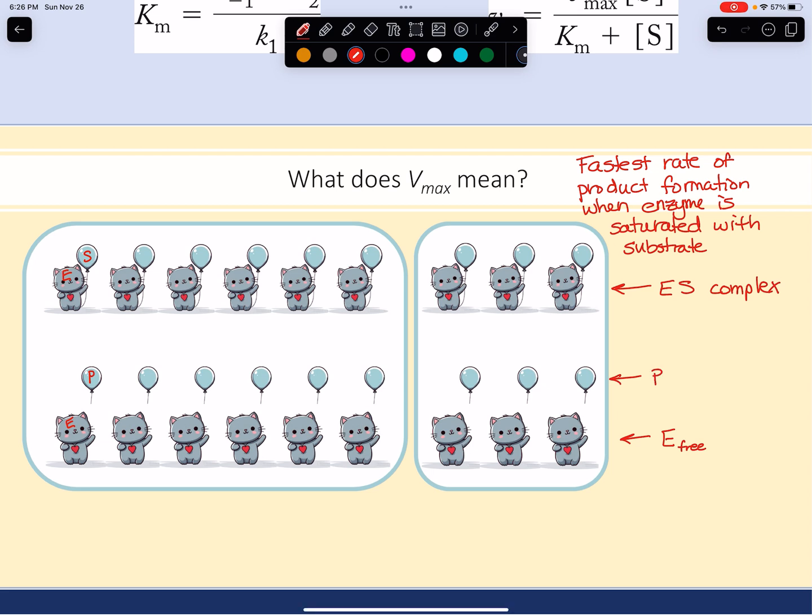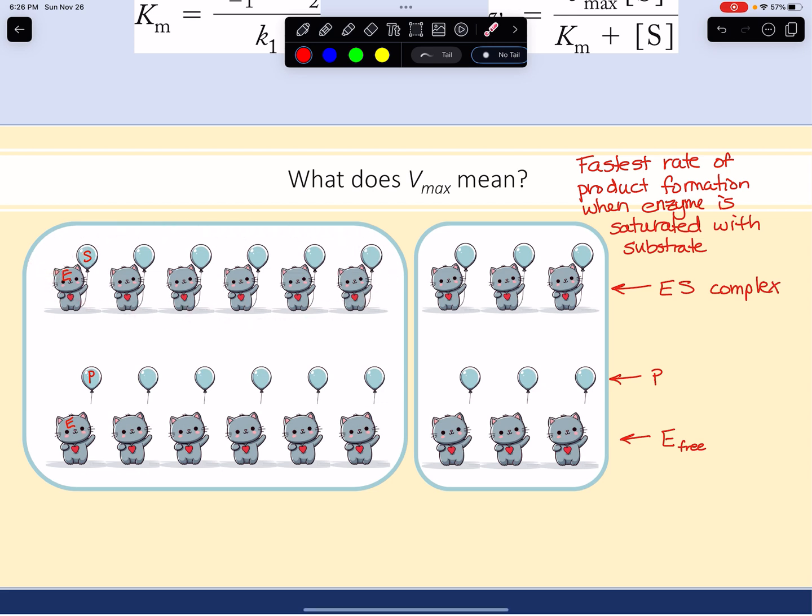What you'll see is that the most product you can see is if you have all of your enzyme molecules with substrate bound at the same time. So our enzyme is saturated with substrate.